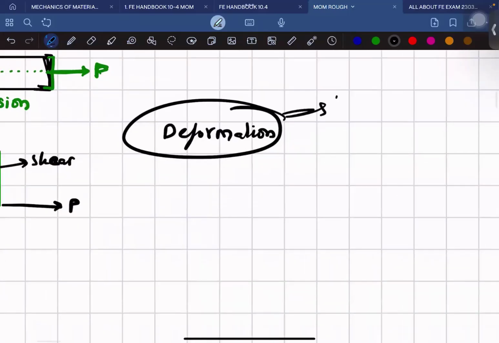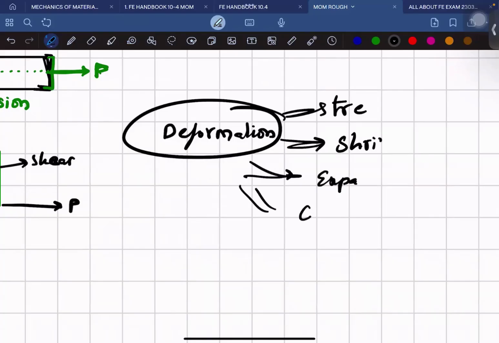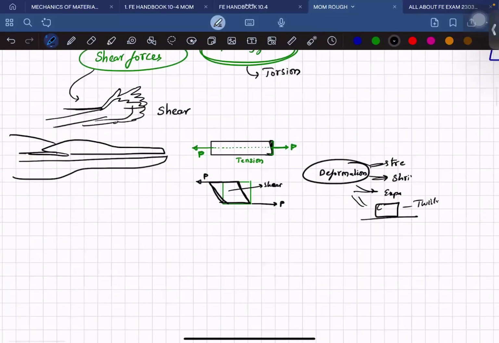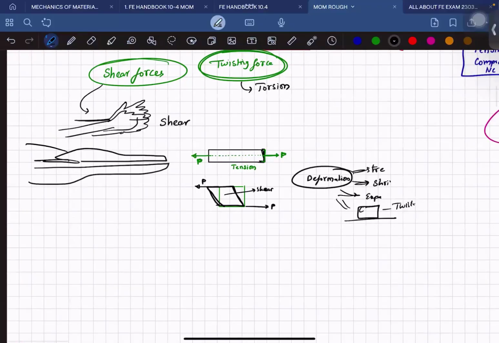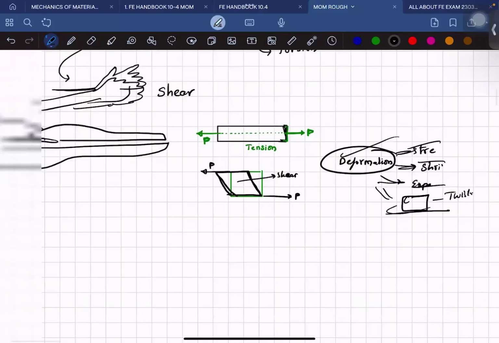It can be stretching, shrinking, expansion of a balloon, a decrease in the size, or a change in the shape. Like if you take an eraser and twist it with both your hands, it is also a distortion, but we call it twisting, the twisted shape, etc. We don't have any restrictions on these terminologies, especially for the FA exam.